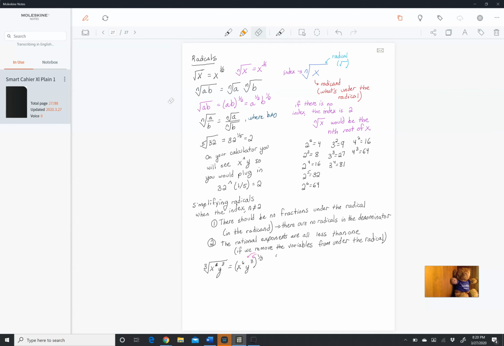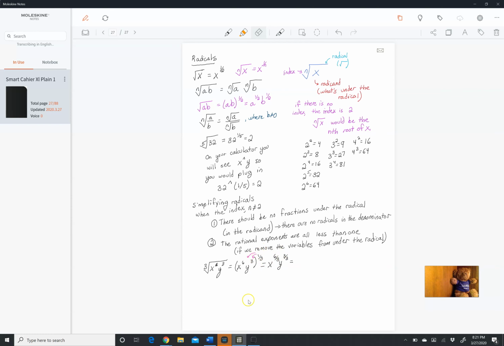So this is x to the 6th over 3, and then y to the 3 over 3, because 6 times 1/3 is 6 over 3, and 3 times 1/3 is 3 over 3. Remember, this is like 3 over 1 times 1 over 3. That's why we get the 3 over 3.